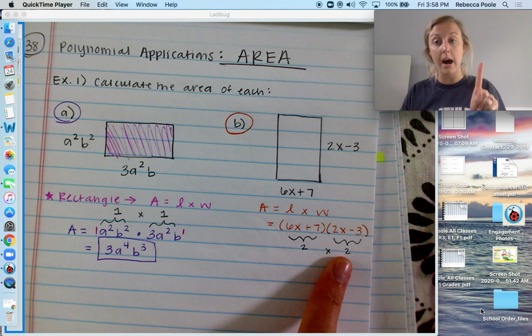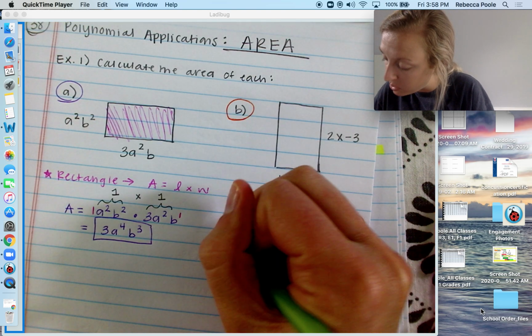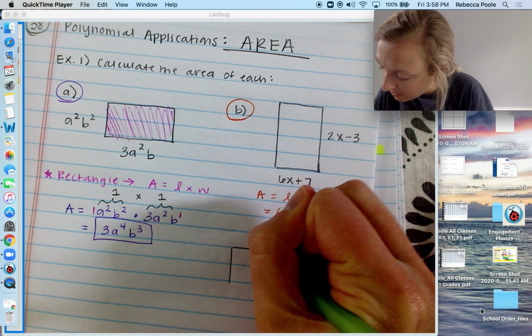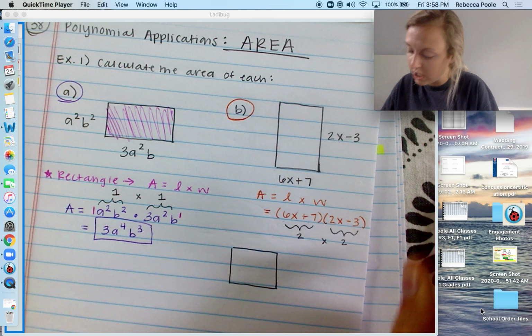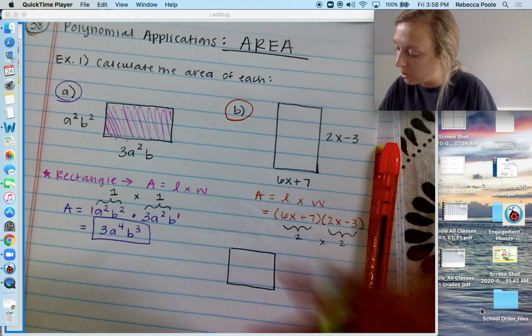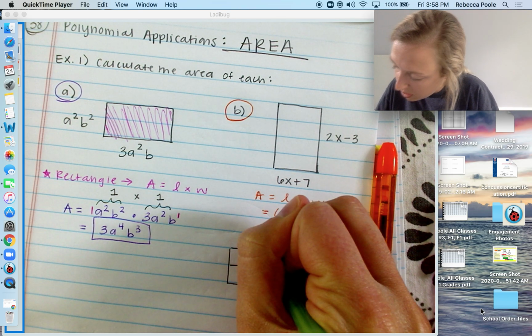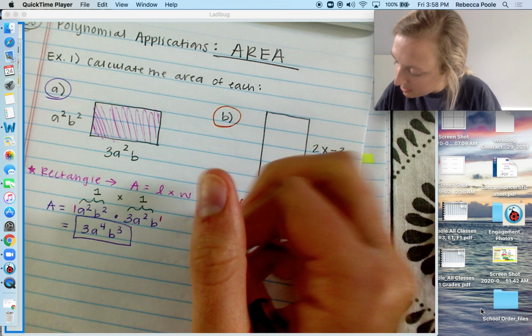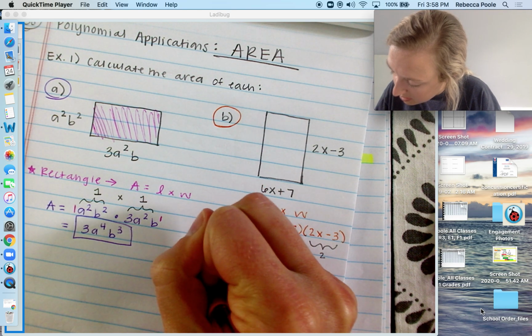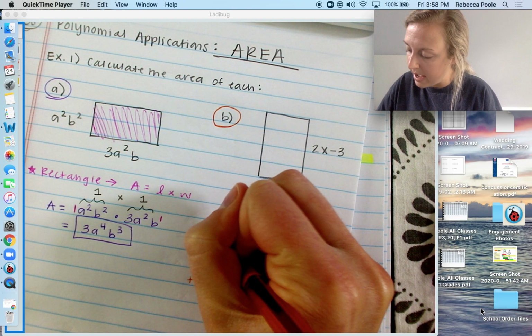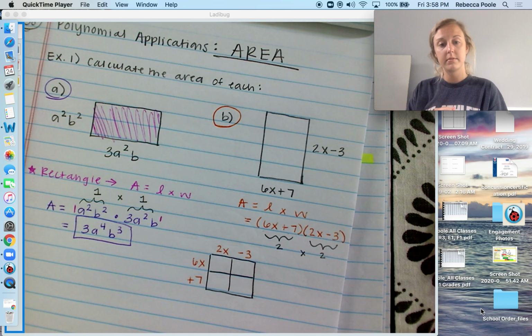You got 2 options. You can use a box or you can FOIL. I'm going to box because that's what most of you seem to be using, all right? So let's check out my box. I'm going to do 6x plus 7 times 2x minus 3.